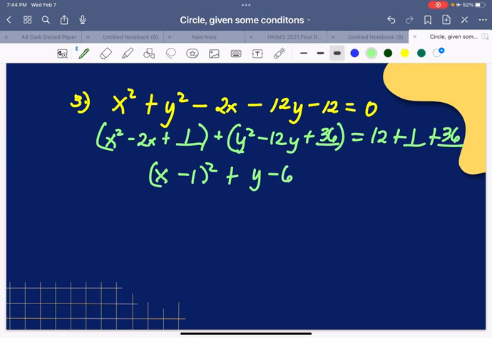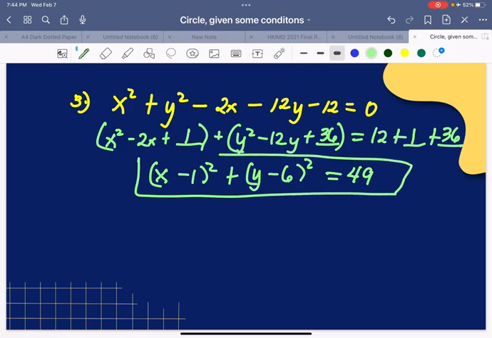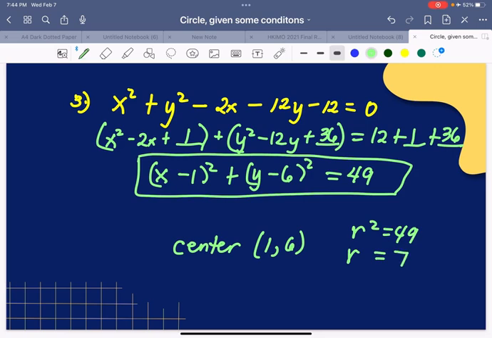Y minus 6 quantity squared is equal to 12 plus 1, 13. 13 plus 36, that is 49. Okay, so this is now the standard form of the equation or the center radius form of the equation. So if you're going to determine the center of the circle, that is 1 and positive 6. And the radius, r squared is 49 or r is equal to 7.